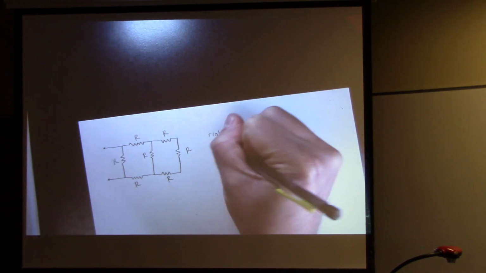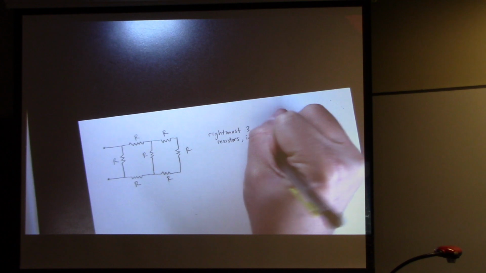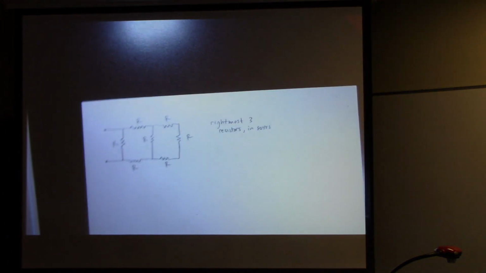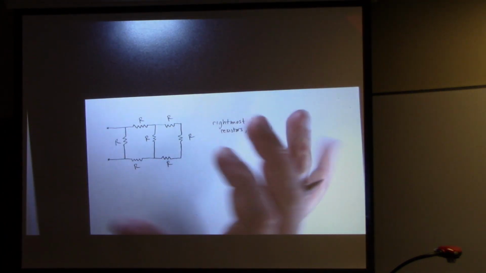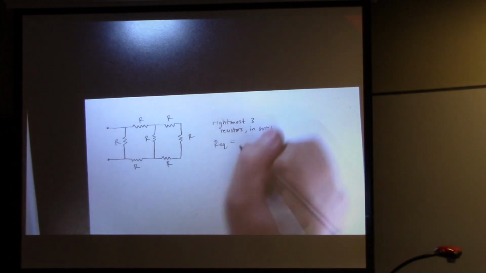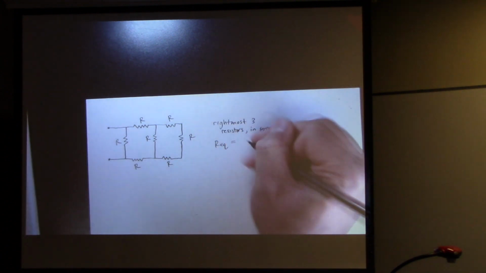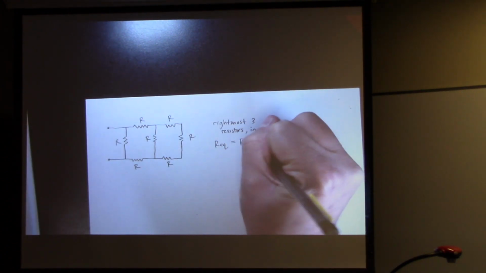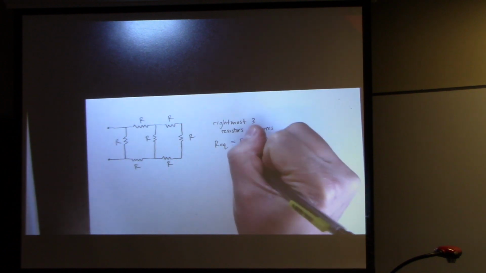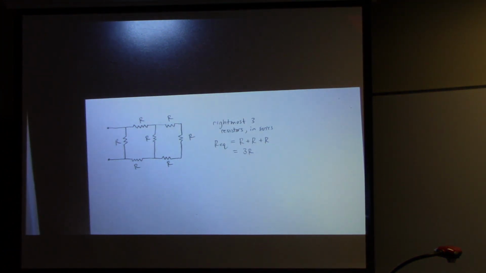So we have to think about what the rule is for combining resistors in series. Well, the rule is to just add them together. So the equivalent resistance of this set of three is R plus R plus R, which is 3R. Pretty simple.